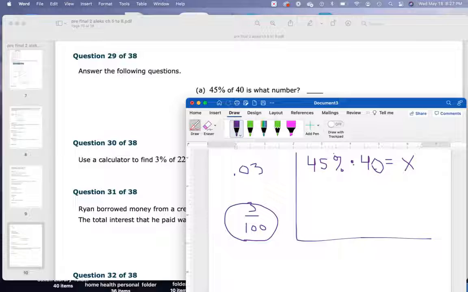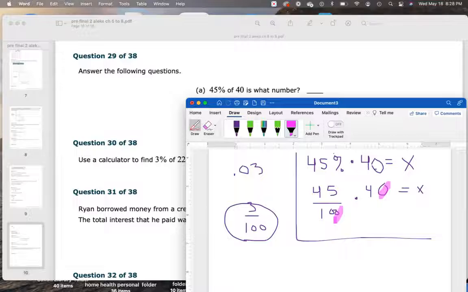Okay, so I'm going to take my 45%. I tend to like to work in fractions more than decimals. So I would say 45% times 40 equals X. And then I really like to cancel out zeros.